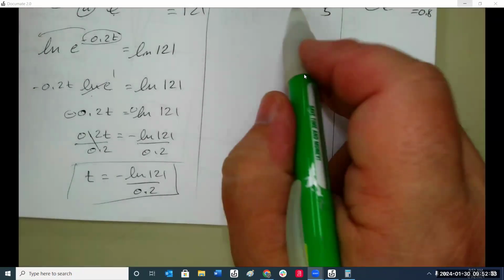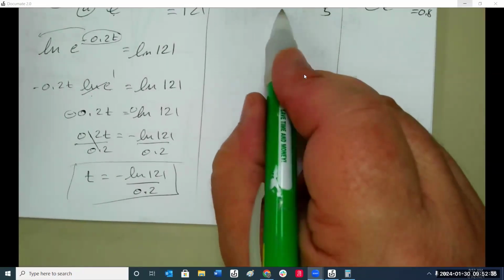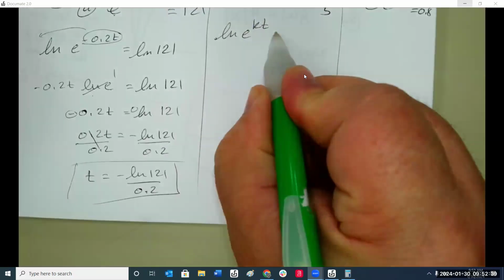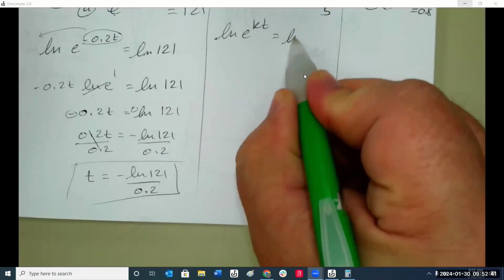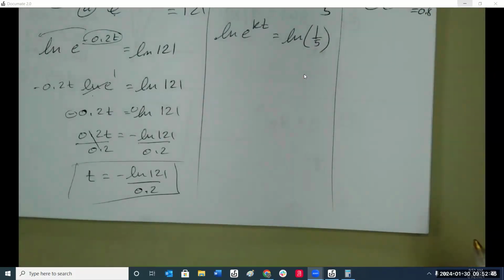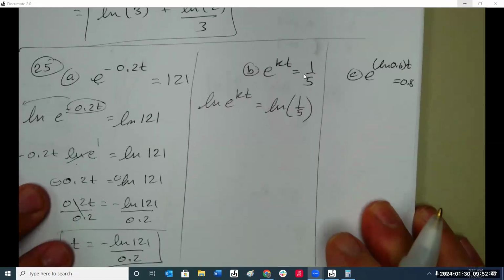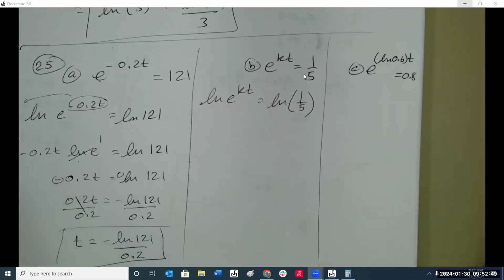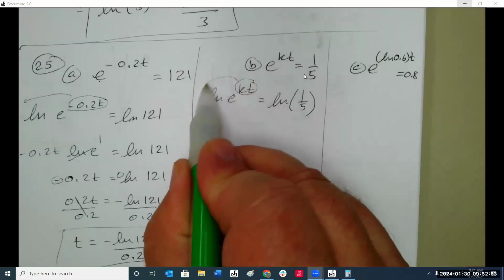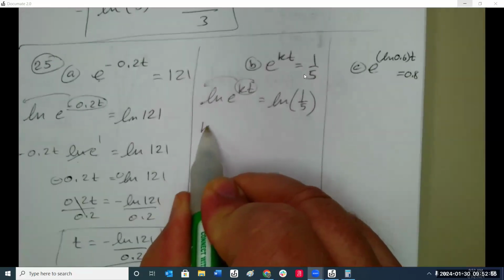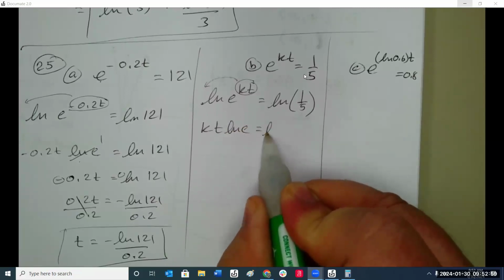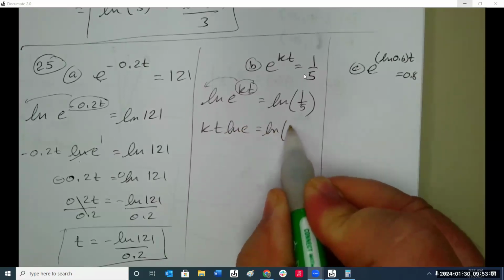The second one, same thing. I've got to get that one, so I have to take the ln of both sides. This goes out in front. So we have kt ln e equals ln 1/5.